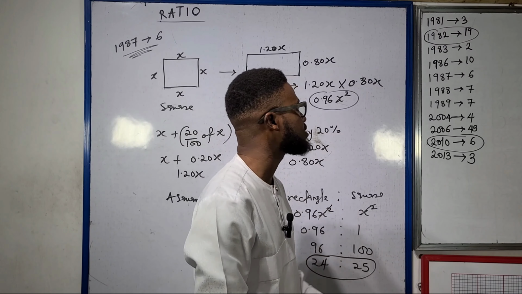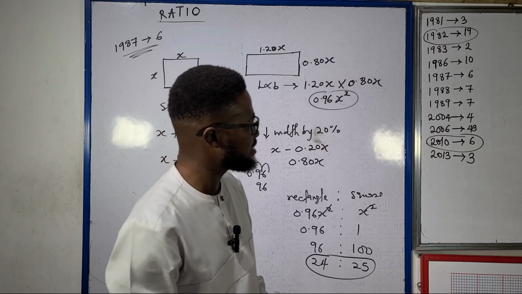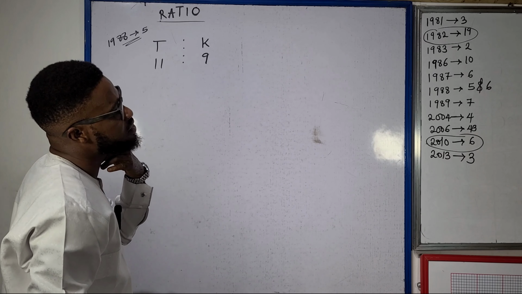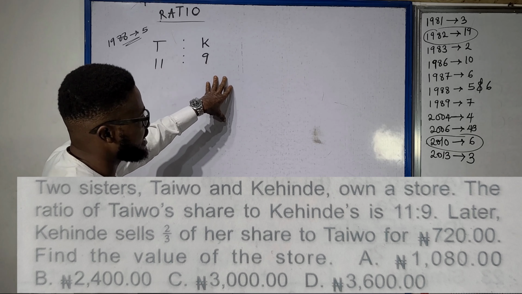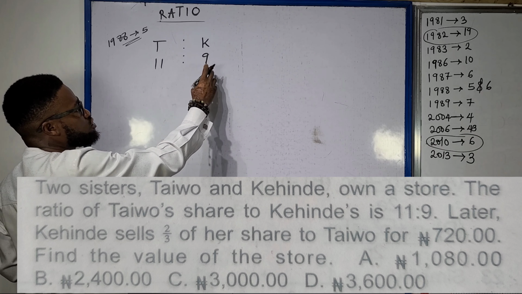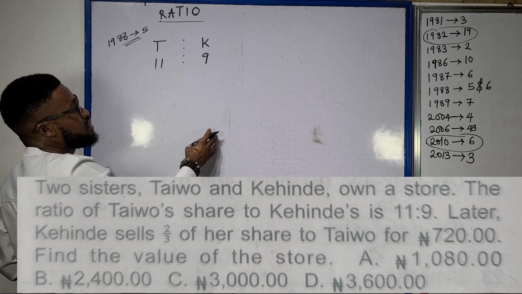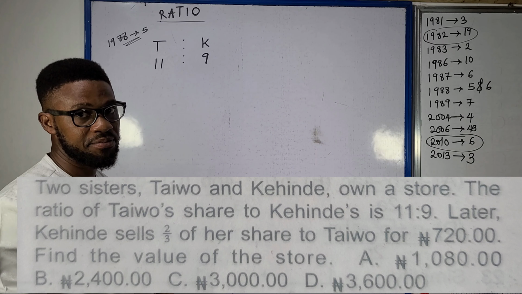That is talking about 1987 question 6. 1988 question 5, it says Taiwo and Kehinde own a store in the ratio 11:9. Later on, Kehinde sold 2/3 of his share to Taiwo for 720 naira.